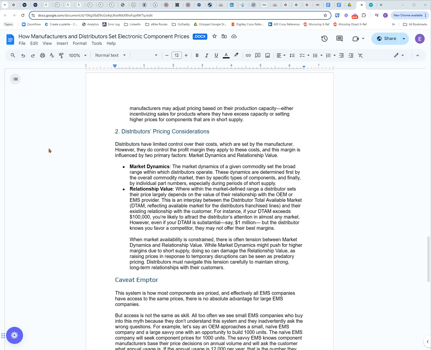There's an interplay here with what they call the DTAM at your account, which is the distributor total available market, and that's how much of their franchise lines they think that you could buy. So the bigger your DTAM, the more they're going to value your relationship. The more they think that your DTAM is going to grow, also the more attention they'll pay to you.